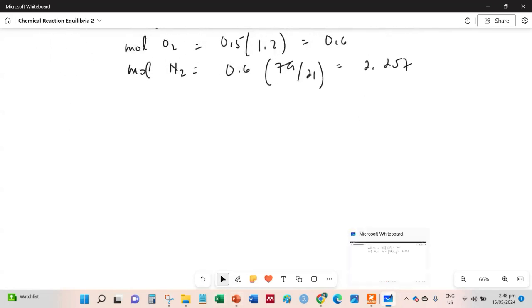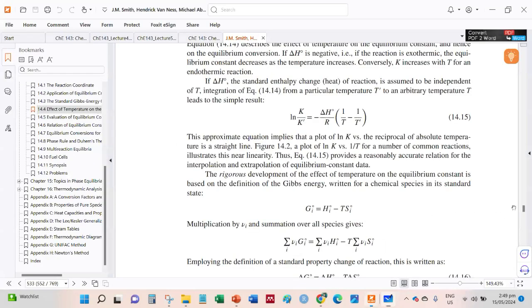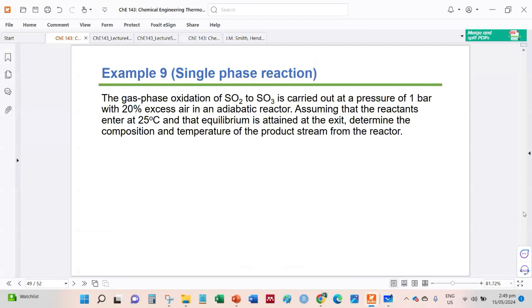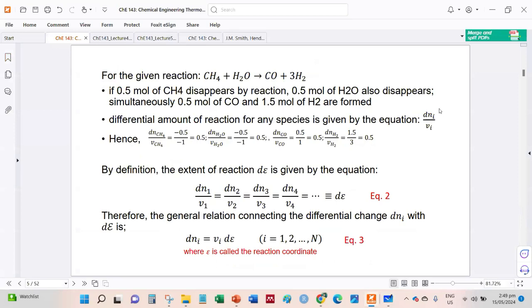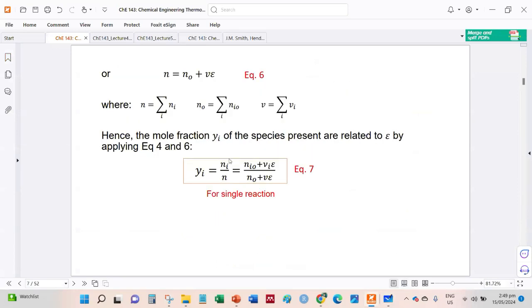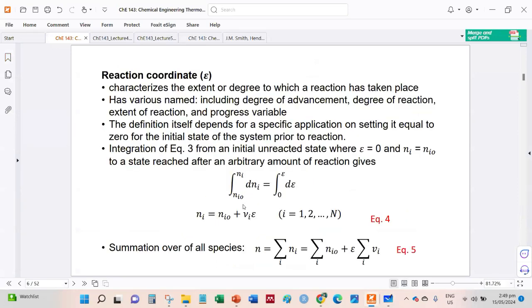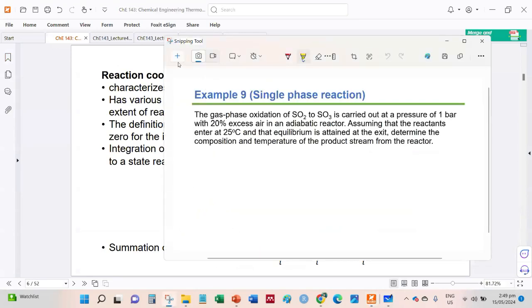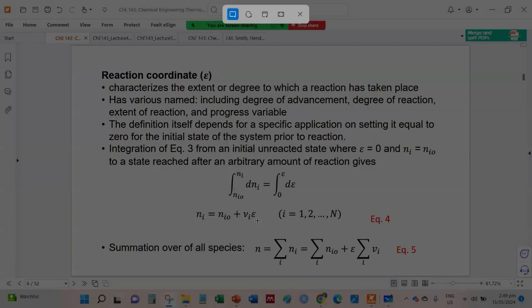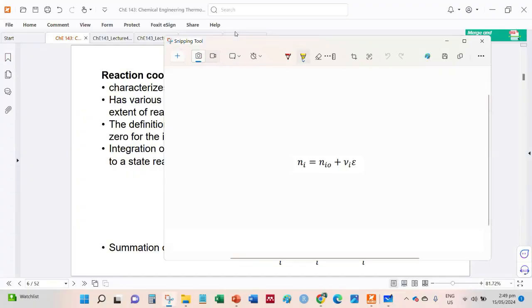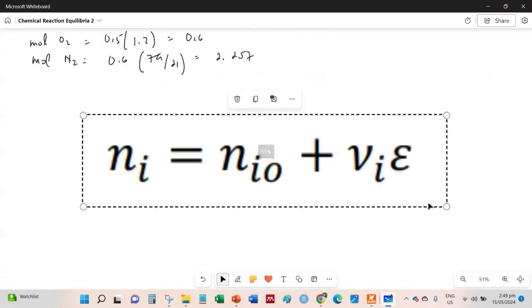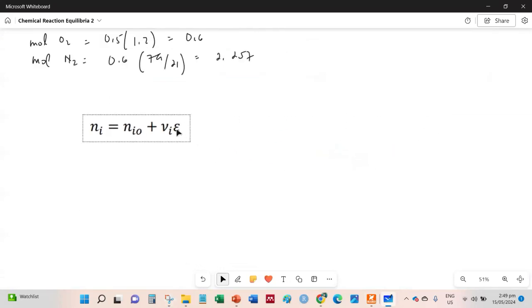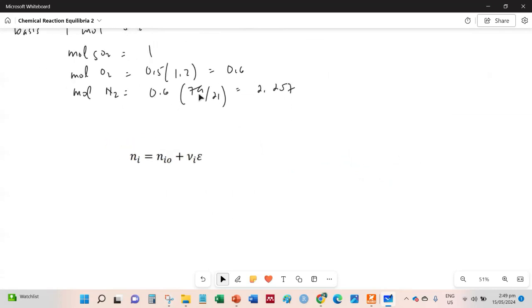Now we use this equation. Let's go back to the previous lecture. This one. So we use this in order to write the number of moles of all the species in the products. These are all the reactants now.